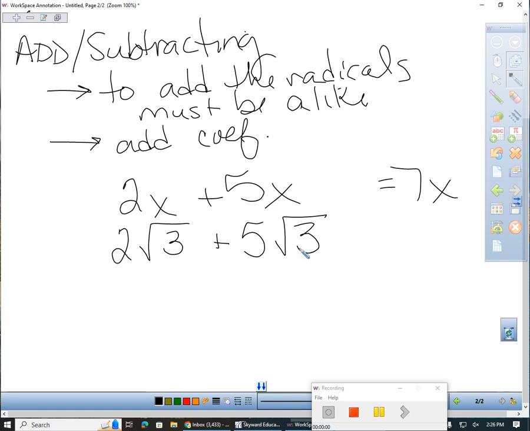They're like terms, and so we add our coefficients. We have 7 square roots of 3. So they have to be alike in order to add them together. Doesn't seem tough, right? Same exact thing whether we're adding or subtracting.